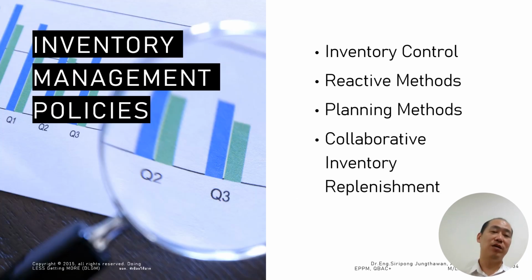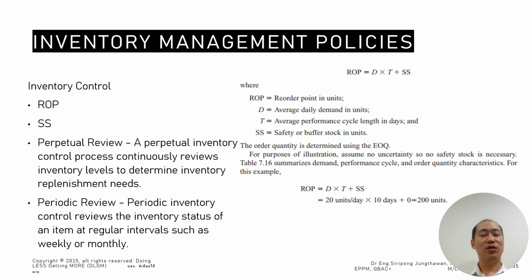And inventory management policy, you have to know about this. You design inventory control, reactive method, planning method, and also collaborative inventory management. It tells you how to design inventory management policies. So for inventory management policy, you have to know about ROP from last time, and also safety stock. You have perpetual review, a perpetual inventory control process, with continuous review of the inventory level to determine replenishment needs, or periodic.